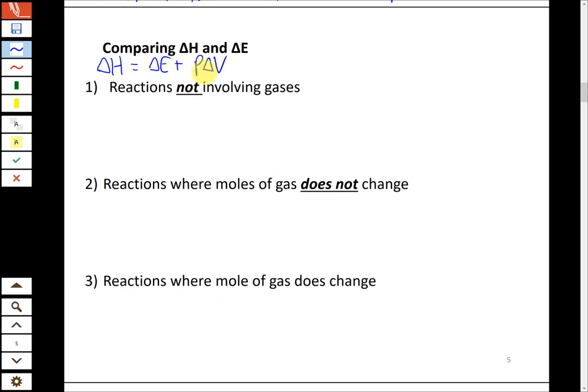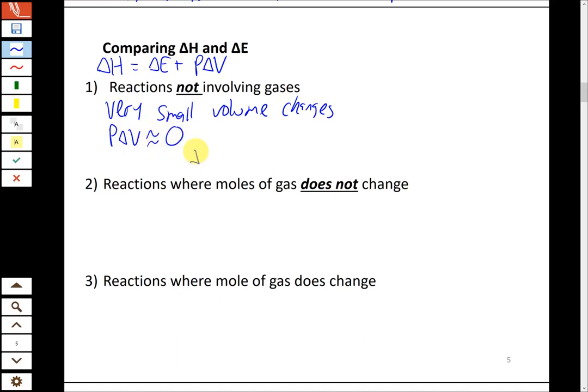So in a solution or anything that doesn't involve a gas, your delta V term is very small. So you'll usually have very small volume changes if you're talking about something that's not involving a gas, liquids or solids primarily, or dissolved materials in solution. So when you have very small volume changes, this P delta V term is basically equal to 0.